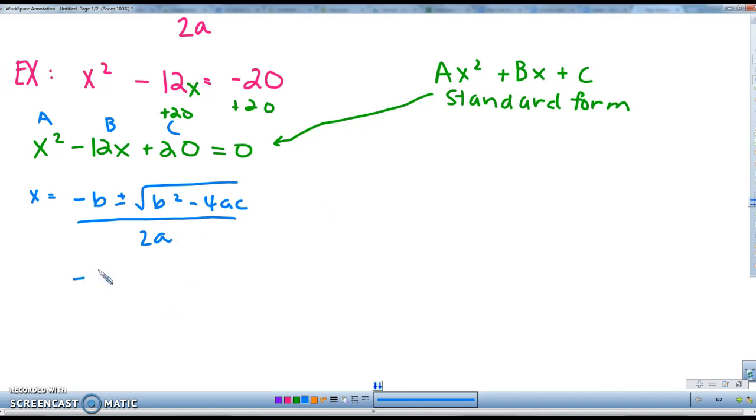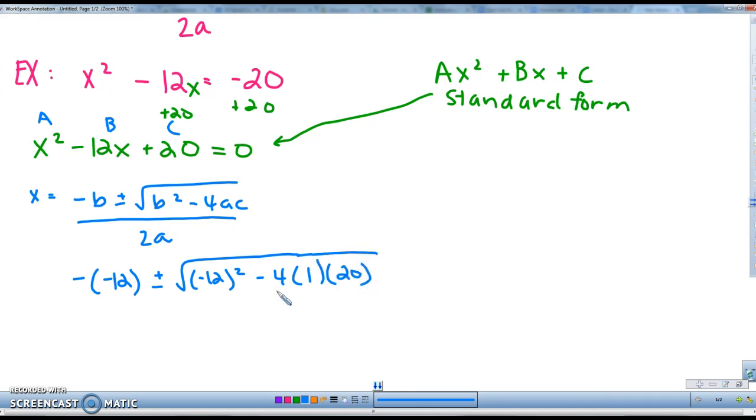So that b is negative 12. So I have a negative of negative 12 plus or minus square root negative 12 squared minus 4 times a is 1. There's an understood 1 there. Times c, which is 20. Divided by 2 times 1.